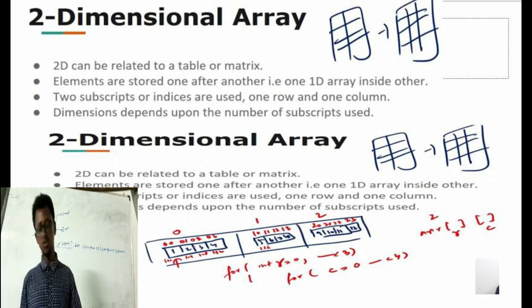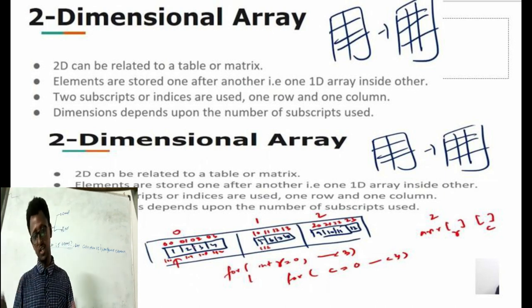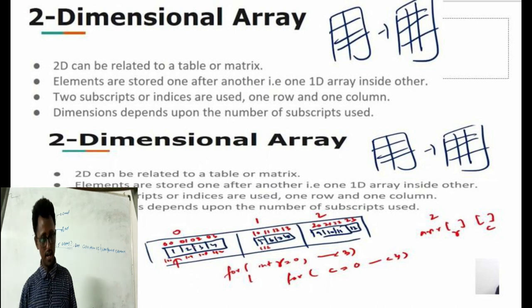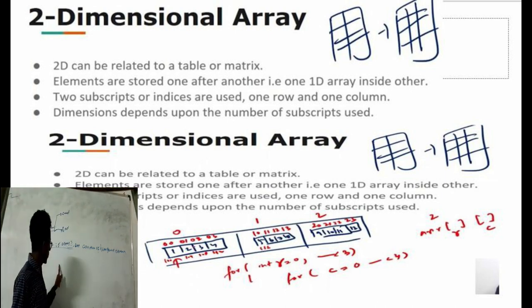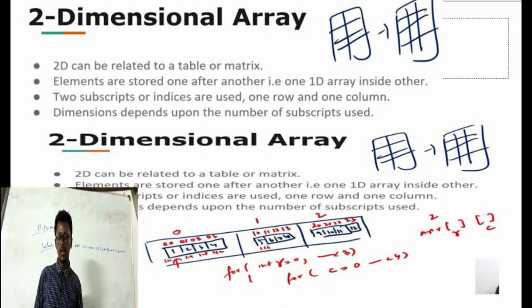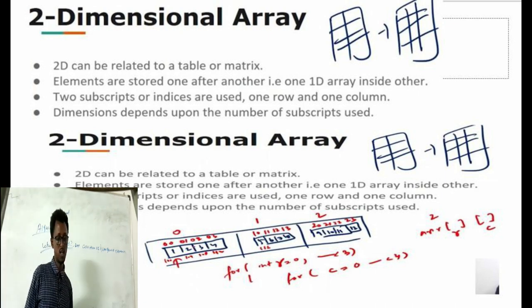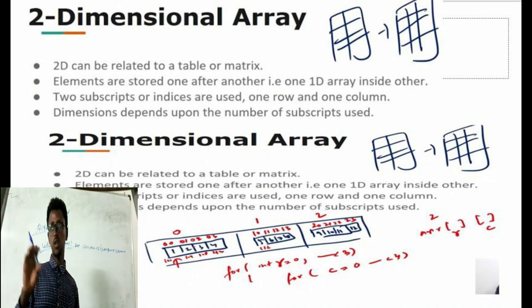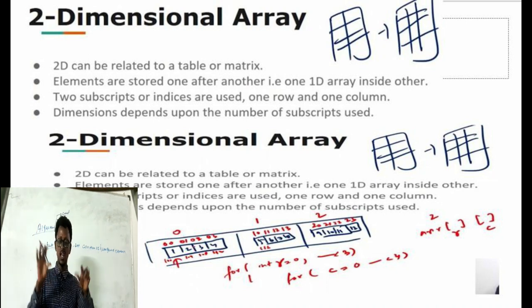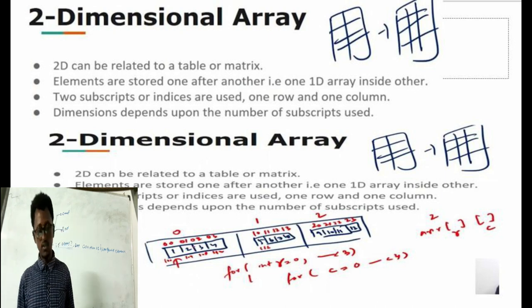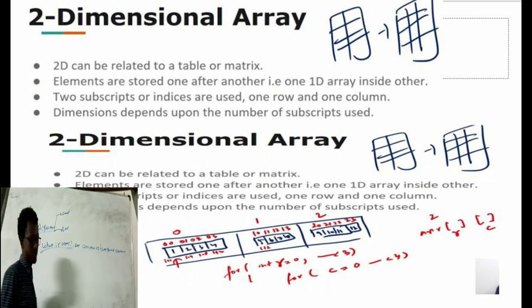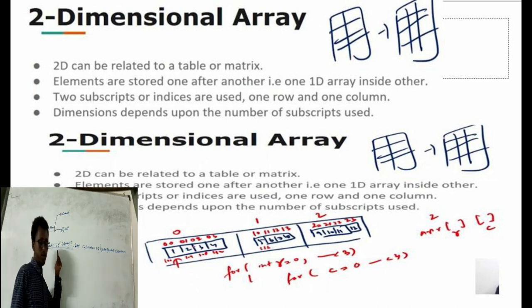Elements are stored one after the other, like in a one-dimensional array, but with rows and columns. Two subscripts or indexes are used to access elements in two-dimensional arrays, and the dimension depends on the number of subscripts used.